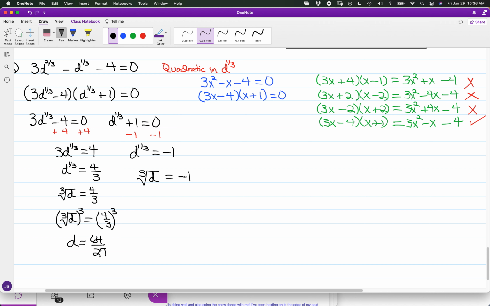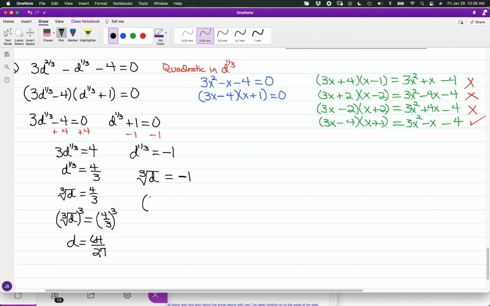And let me pause right there. If I had an even root, like square root, fourth root, sixth root, and this had to be set equal to -1, there would be no solution, on the basis of the principal square root rule. But since I have an odd root instead, and I can reduce odd root radicals to negative constants, I can arrive at a solution in d for this one.